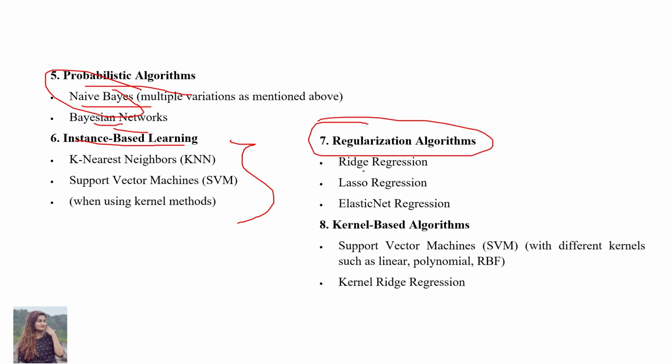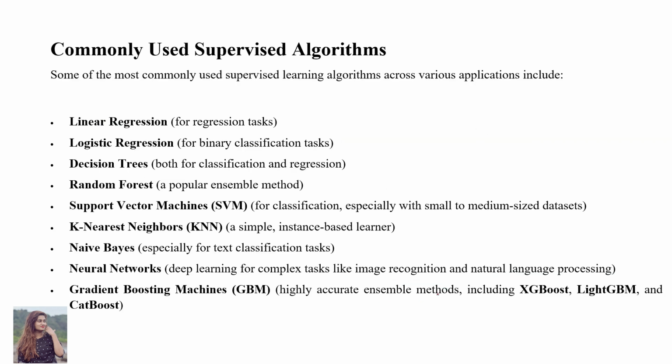Regularization is also used for supervised learning algorithms. Here also the kernel-based algorithm. Also this is SVM with different kernels such as linear, polynomial and RBF. See, kernel ridge regression is also used.